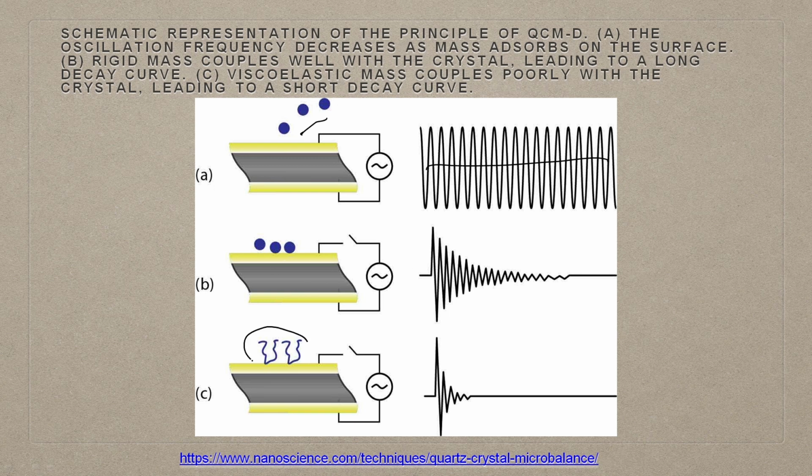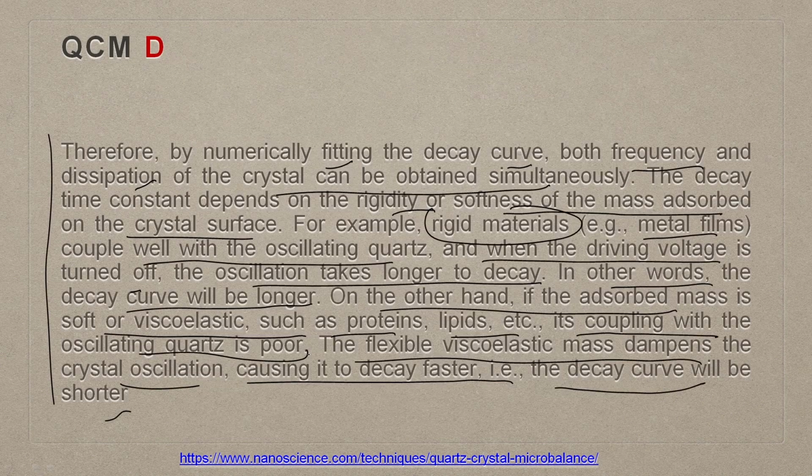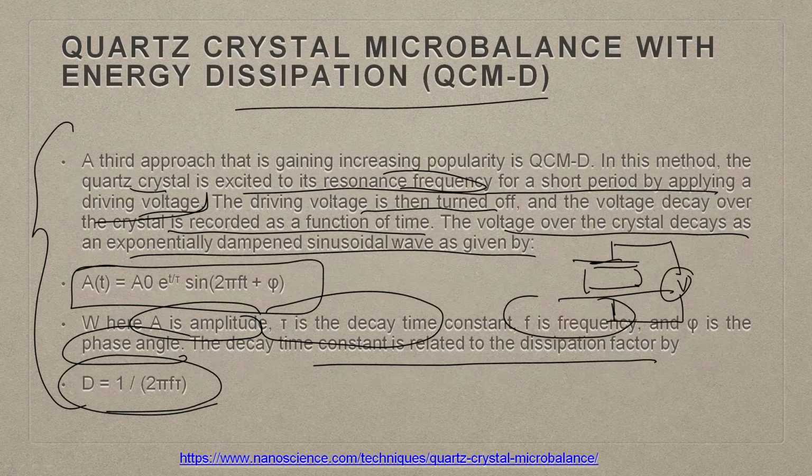But now, when we talk about viscoelastic material, as I was mentioning, look at it. In the third approach, gaining increasing popularity is QCM-D. In this method, the quartz crystal is excited to a resonant frequency.